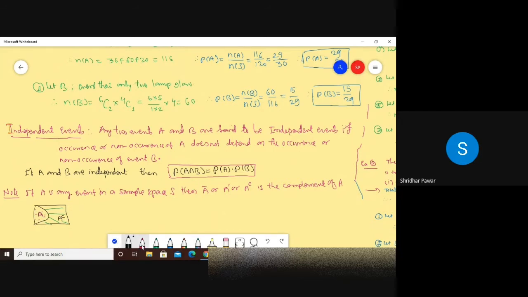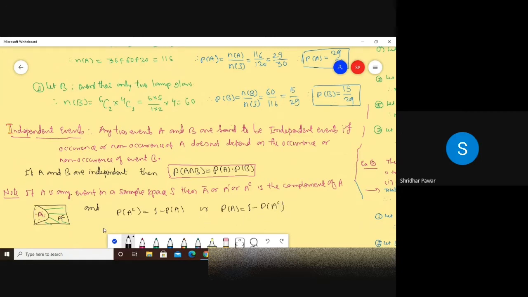And see the probability of A complement, probability of either you write A dash or A bar, or you may write A complement is equal to 1 minus P of A, or you may write this as P of A is equal to 1 minus P of A complement.